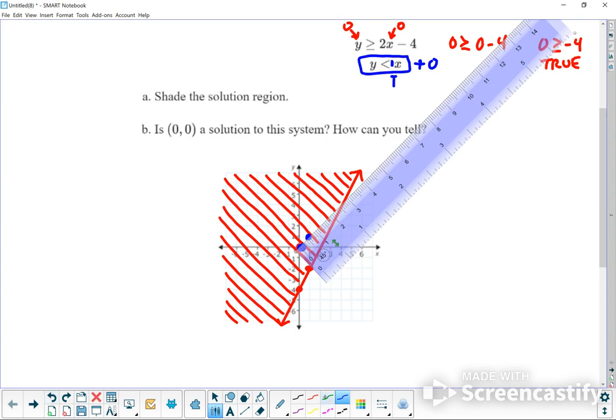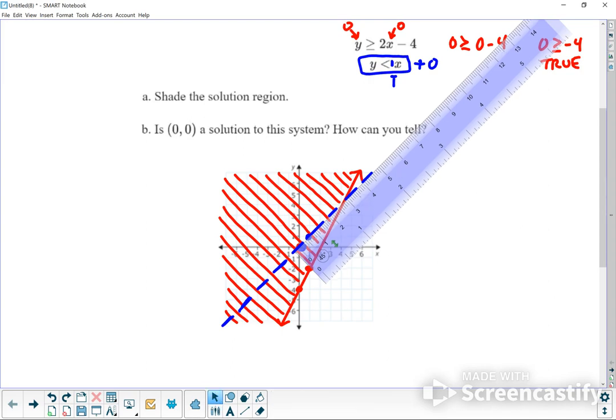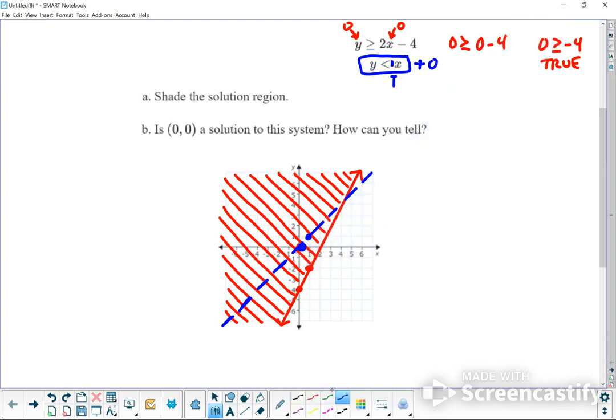This one is going to be a dotted line. So I'm going to draw my line, and it's going to be dotted or dashed. Oh, kind of messed that one up. All right, that's fine though. That's still pretty good for having a ruler but not using it. So that's going to be my dashed line.